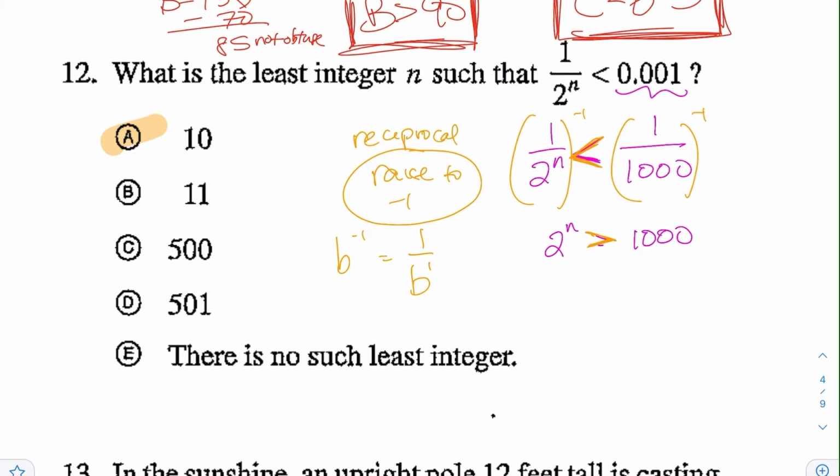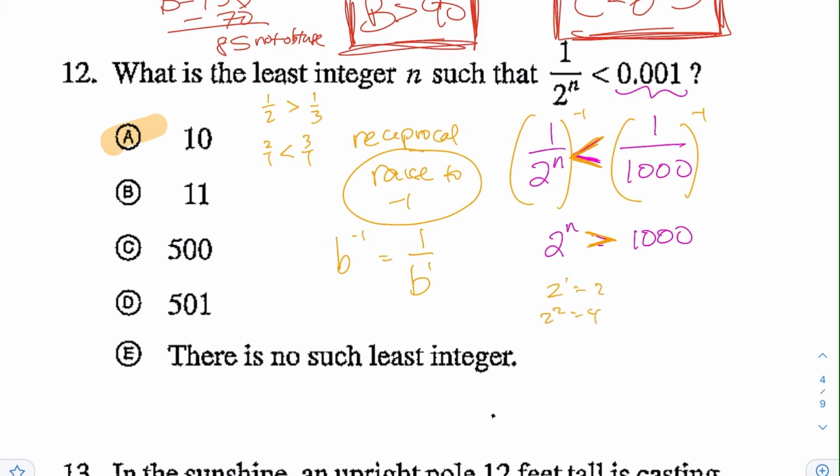And when you do a reciprocal, you gotta flip the sign. For example, 1/2 versus 1/3. You know that 1/2 is greater than 1/3, but when you flip this around, 3 is greater than 2.